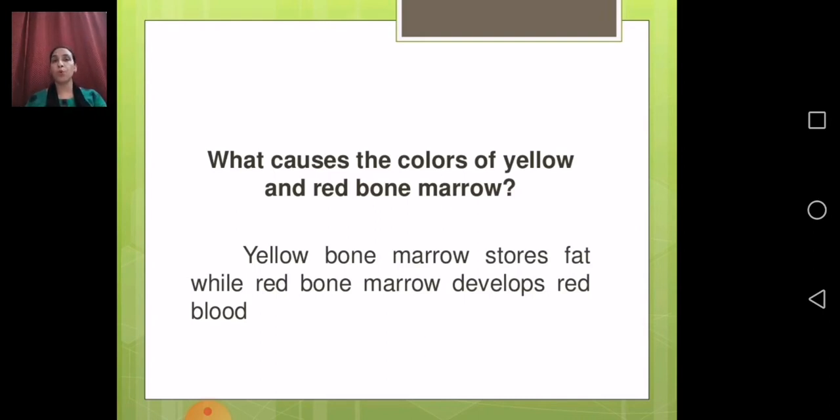So bone marrow can be transferred from a sibling, or from father to children. Then red blood cells, which are very important for forming blood in your body, will be formed in that bone marrow.